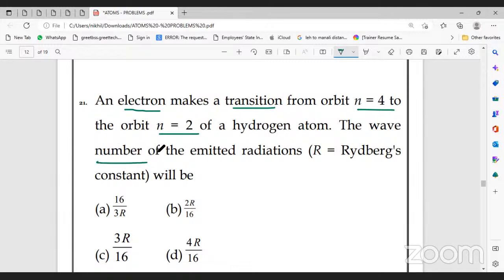What is the wave number they are expecting? You know that the meaning of the wave number is nu bar. That is the reciprocal of what? The wavelength.